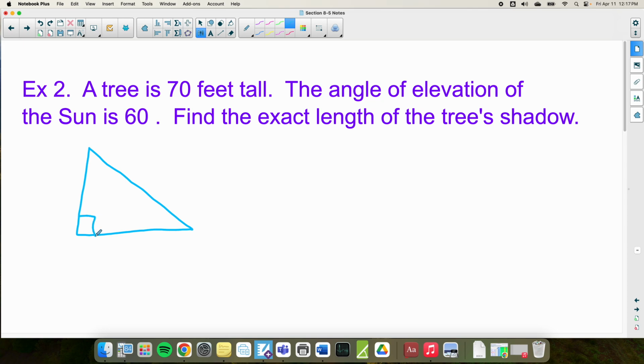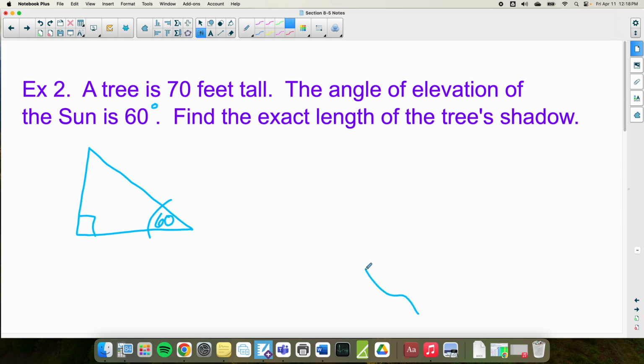So, it says a tree is 70 feet tall. This is my tree, okay? The angle of elevation of the sun is 60, and it really should have a degree here. So do you remember me saying your angle of elevation is always right there? So this is 60 degrees.